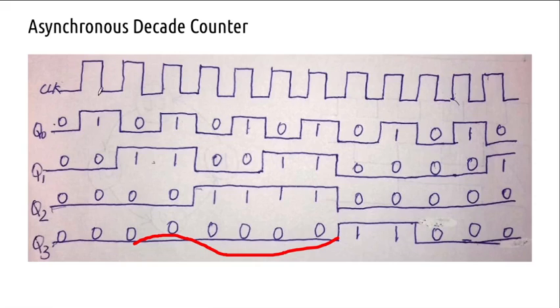That will be very good. So this is 1, then this is 2, then this is 3, then this is 4, this is 5, this is 6, 7, 8, 9.